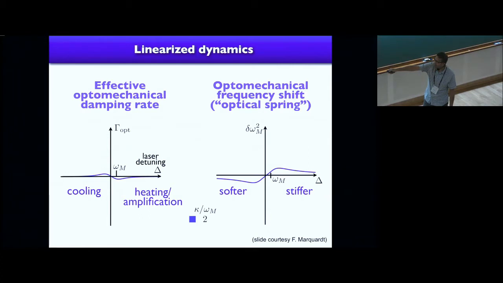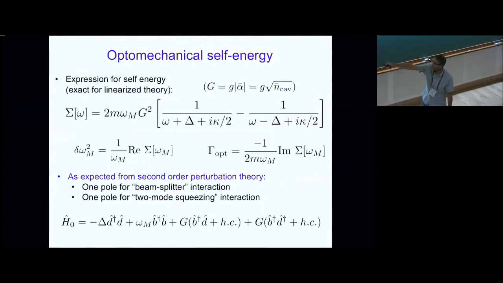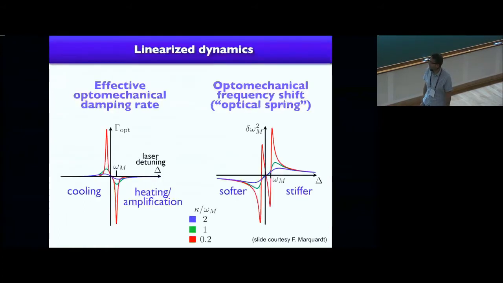And again, positive damping for a red detuning, negative damping for a blue detuning. As you start reducing the kappa of the cavity compared to the mechanical frequency, this peak in the induced damping and these features in the spring constant shift become stronger and stronger. And this, of course, is just a simple fact that these poles in the photonic Green's function become sharper and sharper. Okay, so that's quantitatively what's happening with these effects.